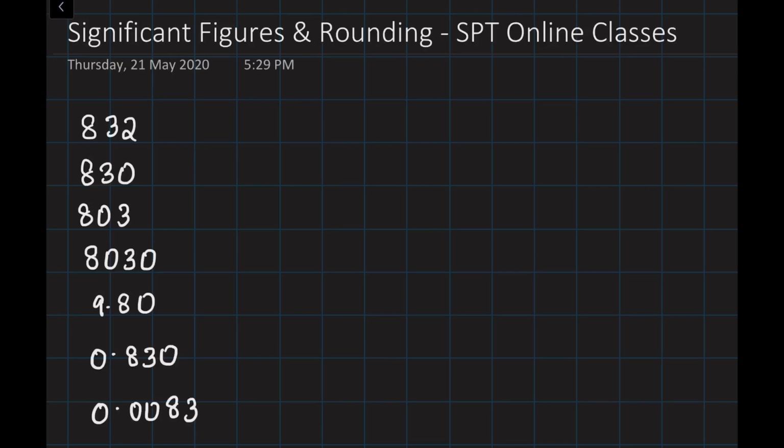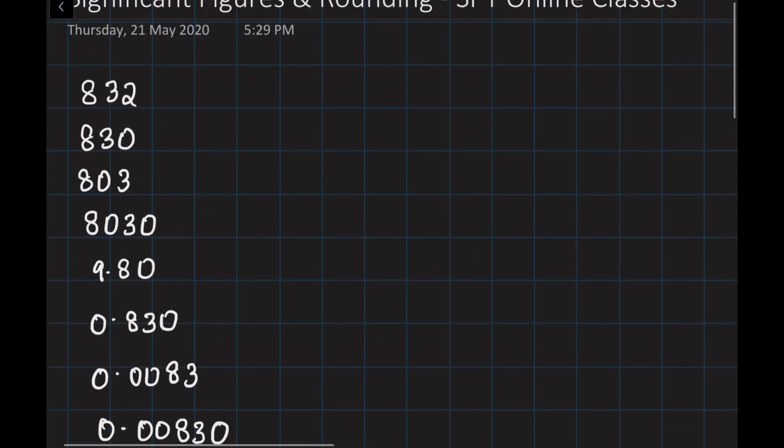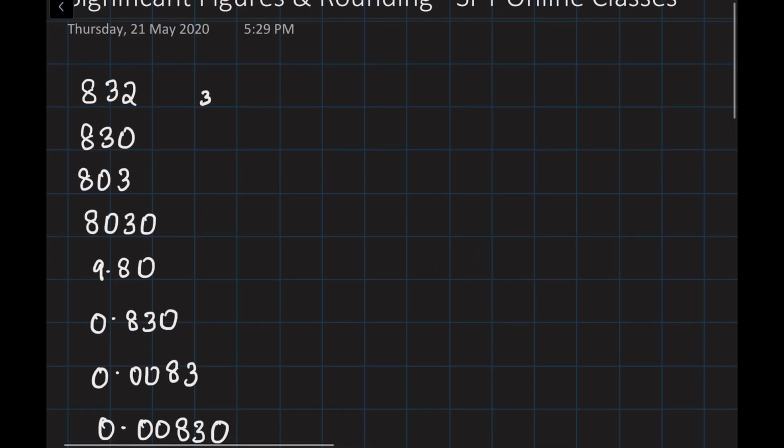The first number is 832. The number of significant figures will be, yeah, you guessed it correct, 3. That's because we have a set of numbers which are all non-zero figures, so all are significant.